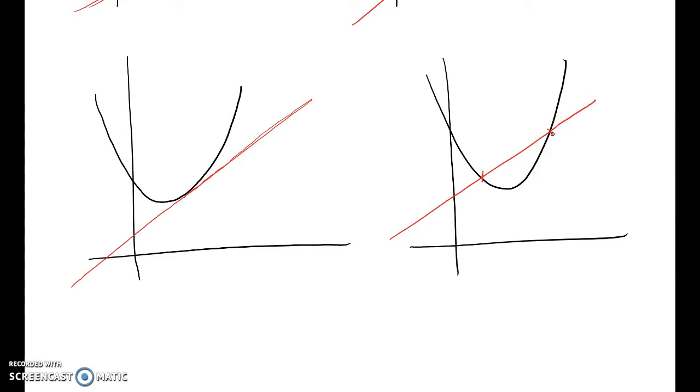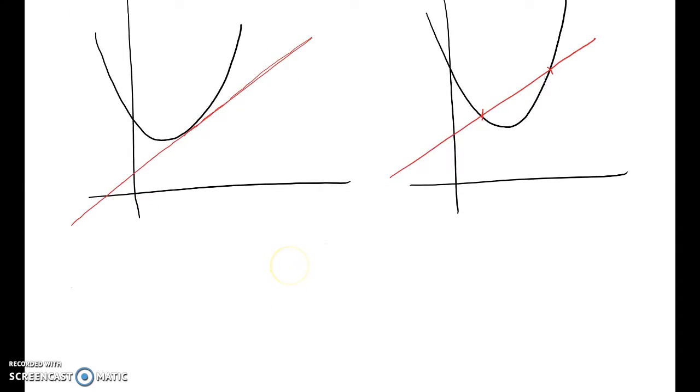Likewise, a tangent line means the line intersects any curve, any object, at exactly one point. But a secant line passes through, so it intersects at more than one point. Now we think about the secant line first, and then we go back to the tangent line.